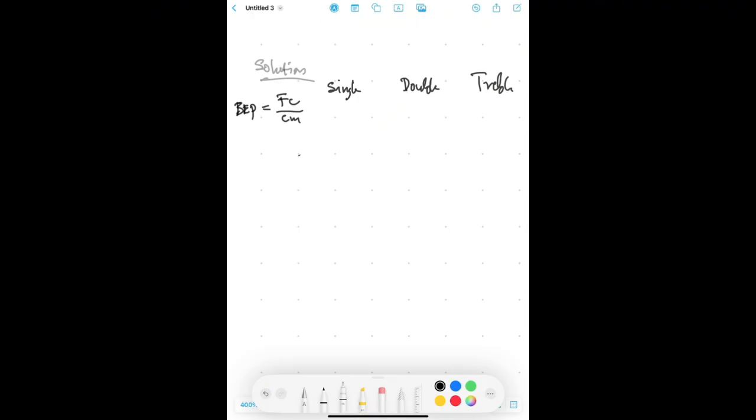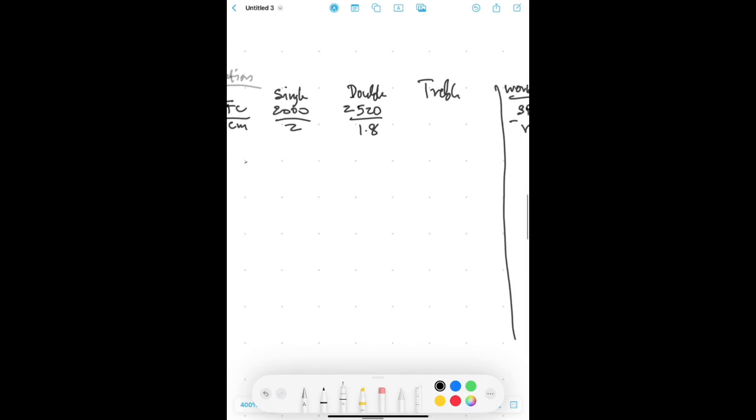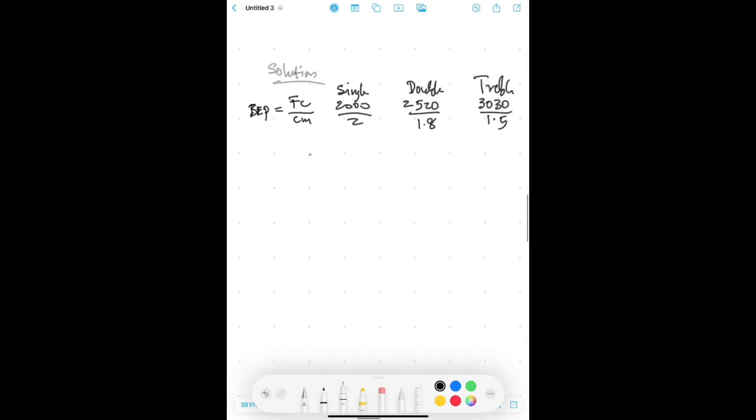Your fixed cost as given in the question is 2000 divided by the contribution margin of 2. For double, the fixed cost is 2520 divided by contribution margin of 1.8, as I've shown in the calculation. Then treble, 3030 is the fixed cost divided by 1.5. Therefore, you now have your break-even point in units, the number of units for you to break even.